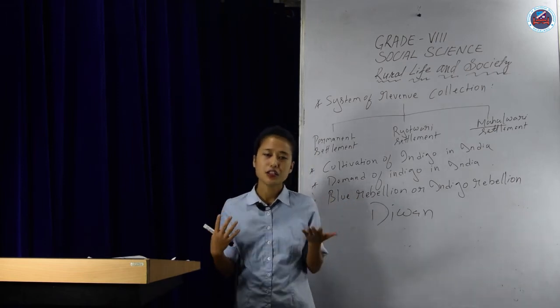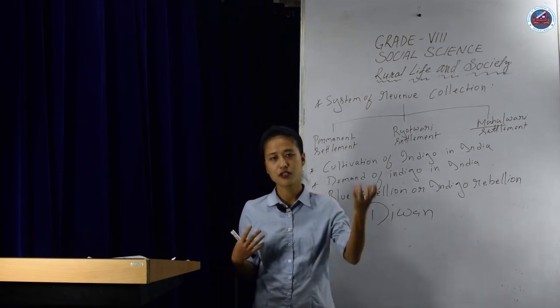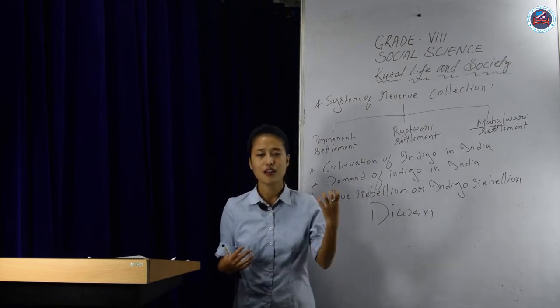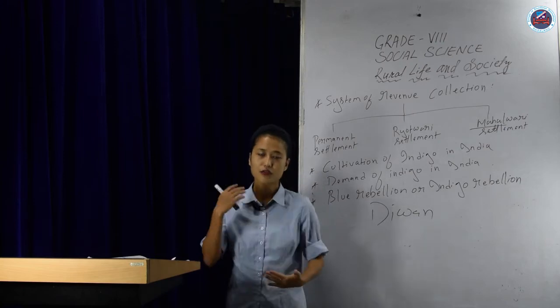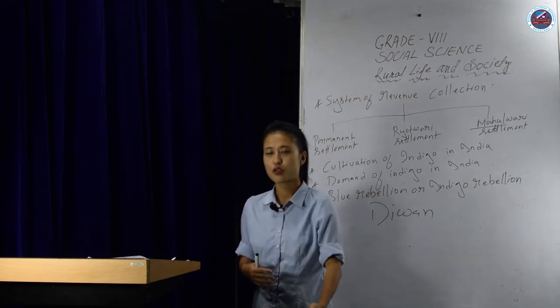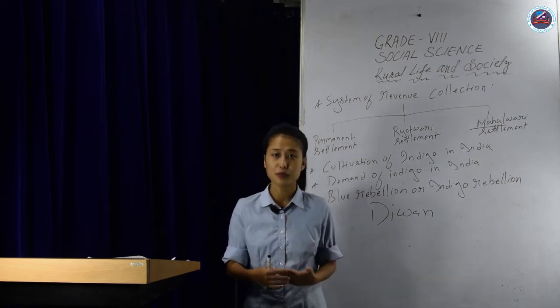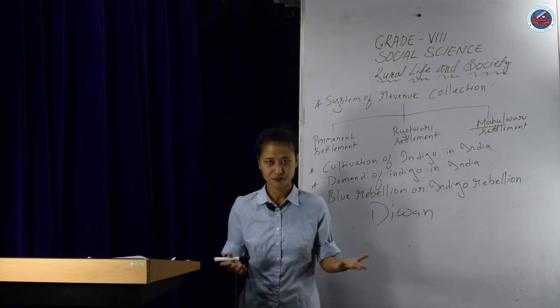Because it was not only absorbing the nutrients of the soil, it was making the soil barren. After the cultivation of indigo, it was not possible to cultivate other crops.